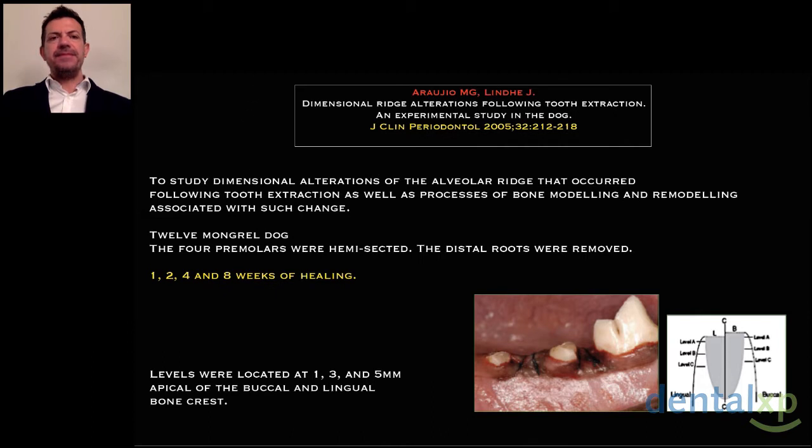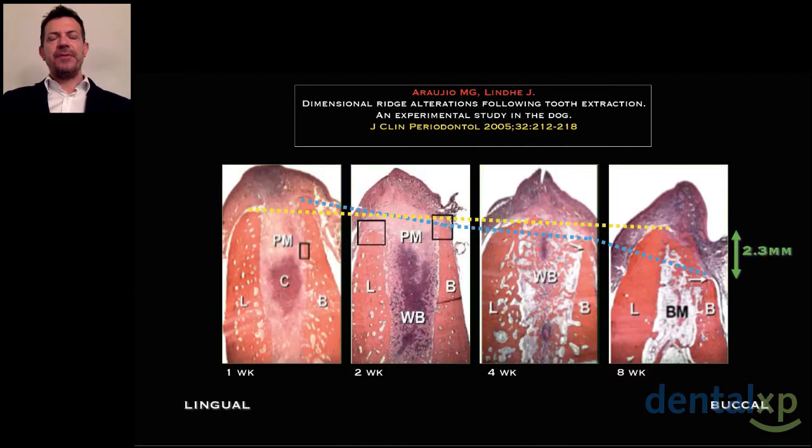And this time, the analysis was performed with histological cuts that we can see here. On the right, we have the buccal bone plate, and on the left, the lingual bone plate, after 1 week, 2 weeks, 4 weeks, and 8 weeks.